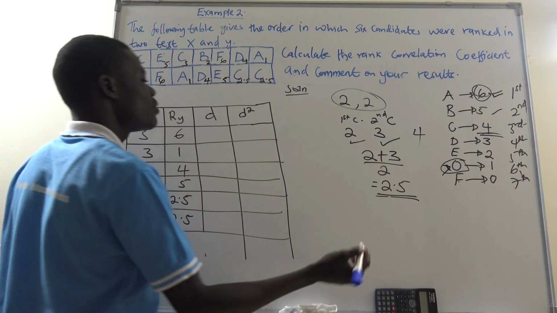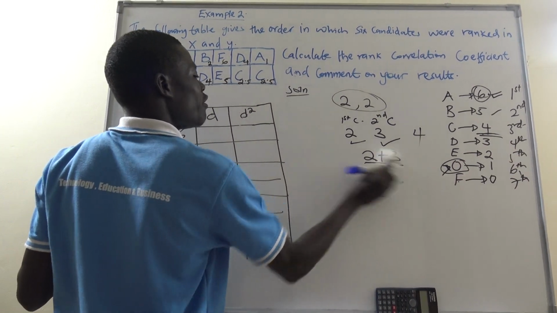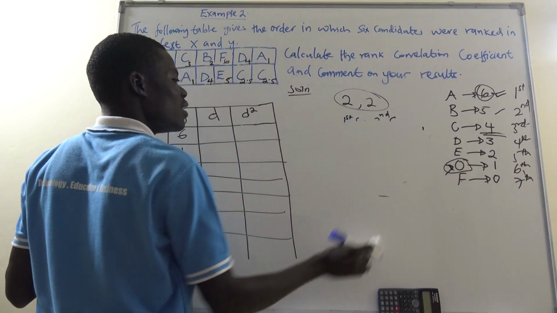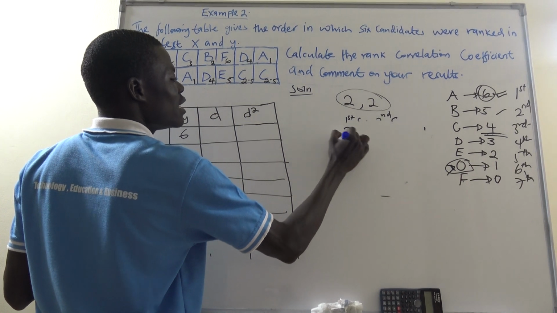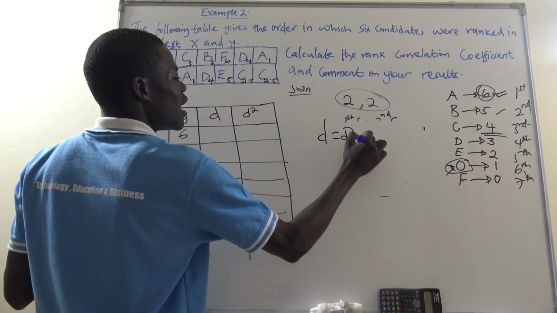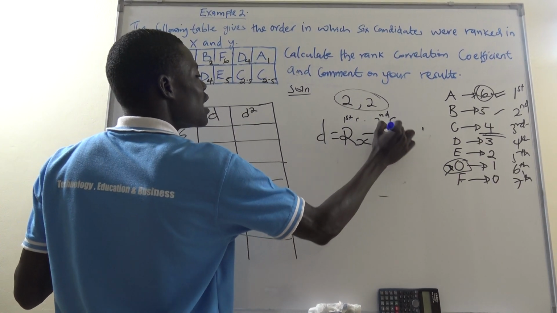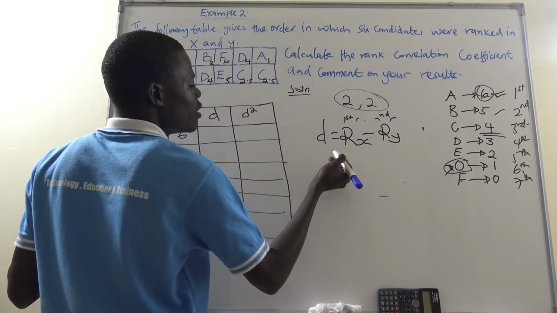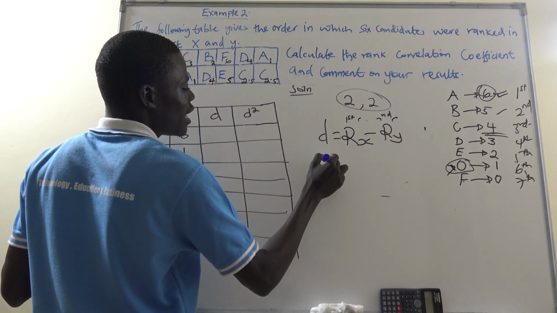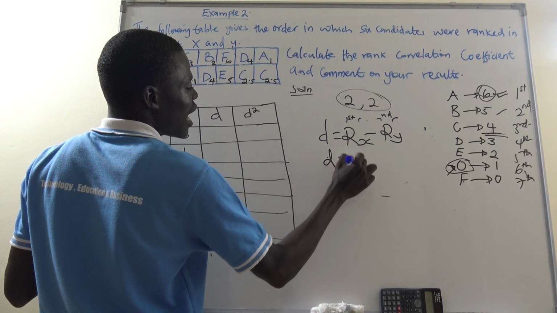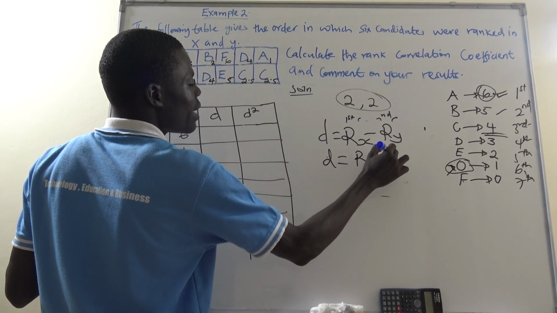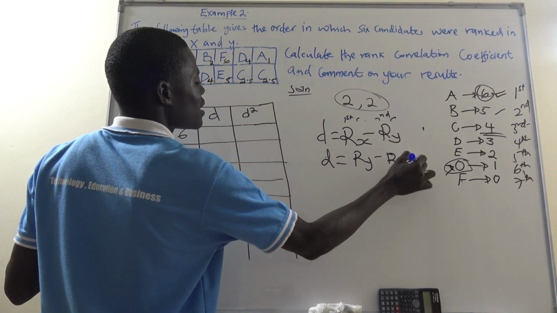So the difference, we said you can get by taking the ranking of X minus the ranking of Y, and you can still get the difference by taking the ranking of Y minus the ranking of X. It's all the same.